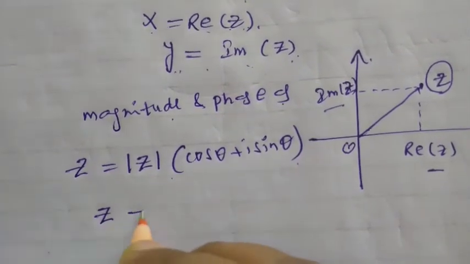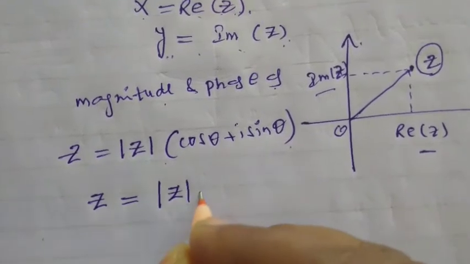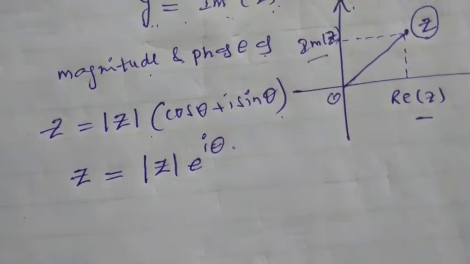In terms of phase, that can be written as z equals mod z e power i theta.